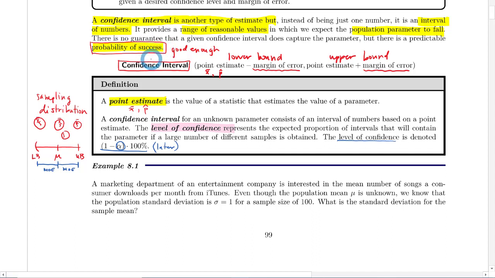We interpret this as the probability of success being good enough that we can be that confident the population parameter will fall in that range of values. No matter how many samples we take, in that sampling distribution, we can be confident that the population parameter will lie within this margin of error.